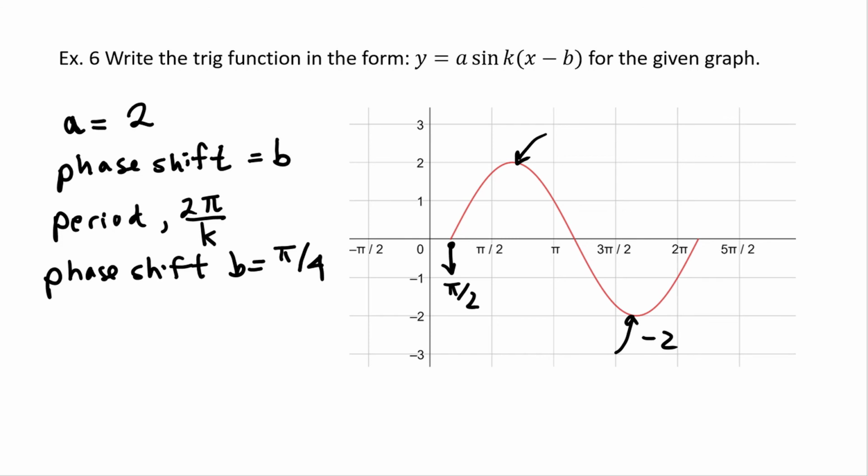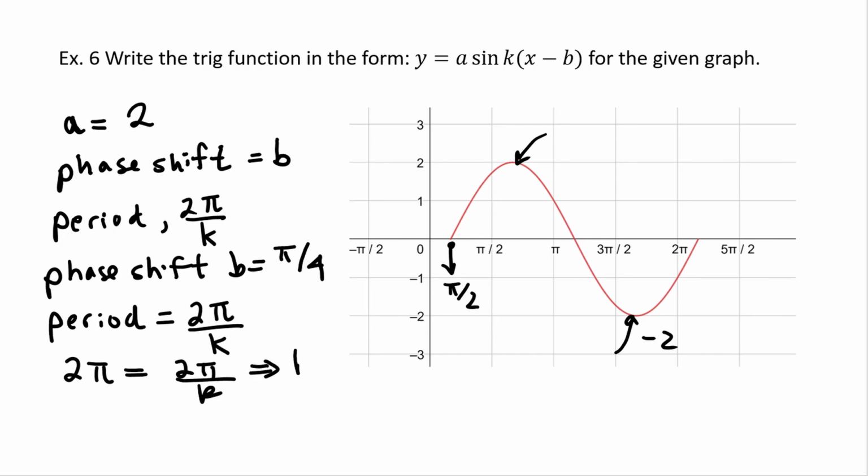And now we have to solve for the k. The k is obtained by taking the period of the graph and setting it equal to 2 pi over k. This graph's period is 2 pi. So we've got 2 pi equals 2 pi over k, and when we solve for this, we get k equals 1.